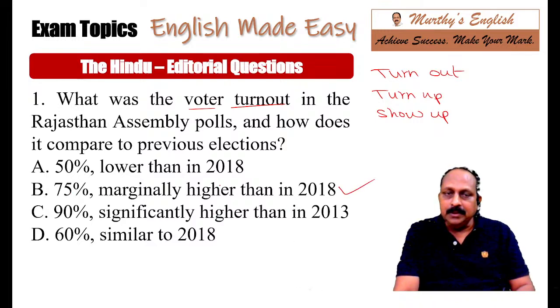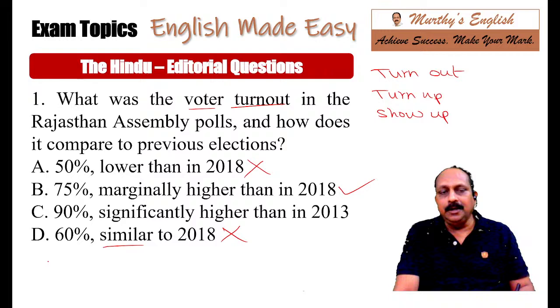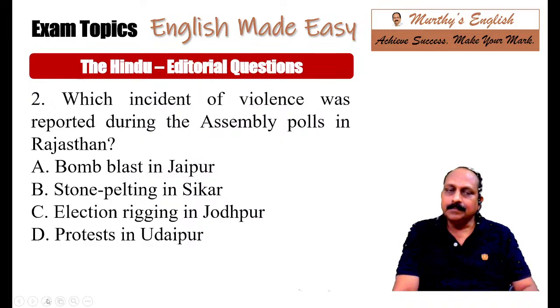It is not 50% lower than in 2018. It is higher, in fact. They have used a comparative form. I highlighted that: higher than, not 90%, 70%, not 60%. Similar? It is not similar. It is higher. You cannot consider A and D, either B or C, but categorically mention 75%.